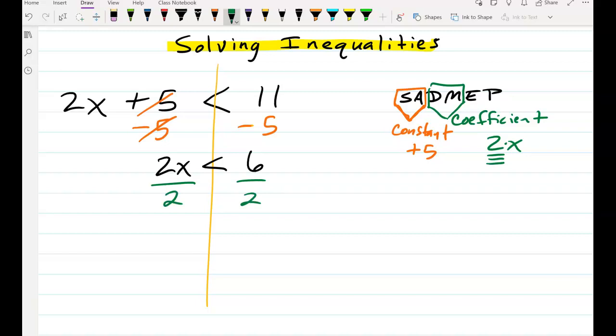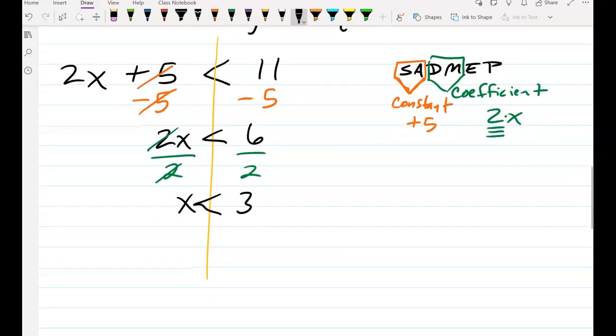And so 2 divided by 2 is 1. So they cancel each other out because 1 times x is just simply x. So x is less than, what is 6 divided by 2? Well, that's 3. So the solution to our inequality is x is less than 3.